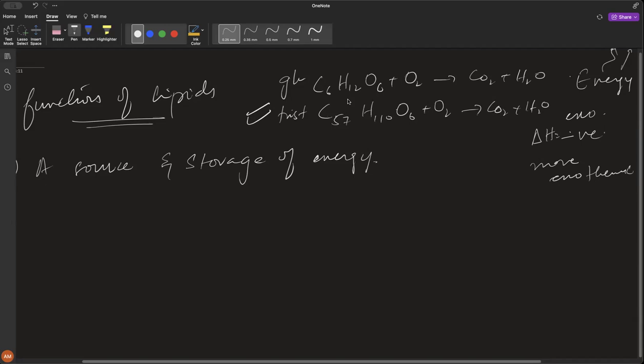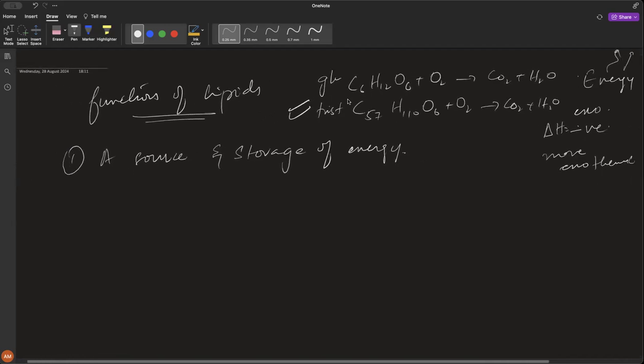But glucose as a source of energy is more efficient as compared to lipids, because it is able to produce energy very quickly and easily. You understand?